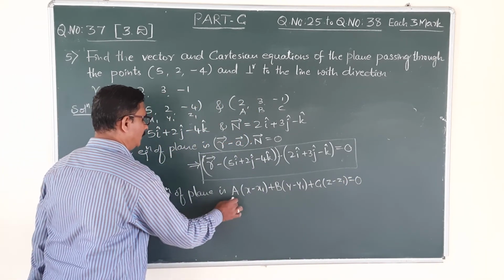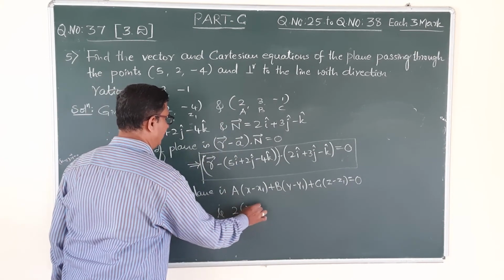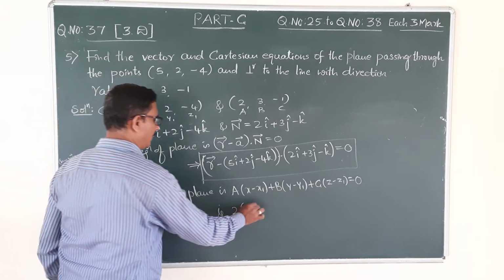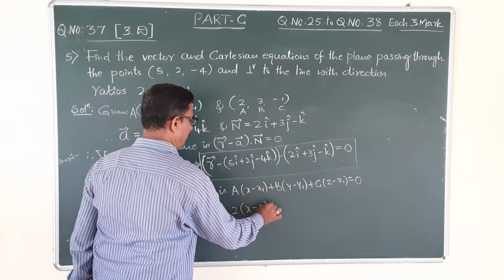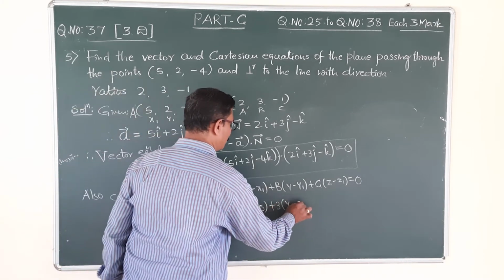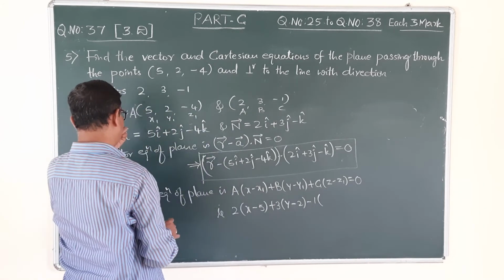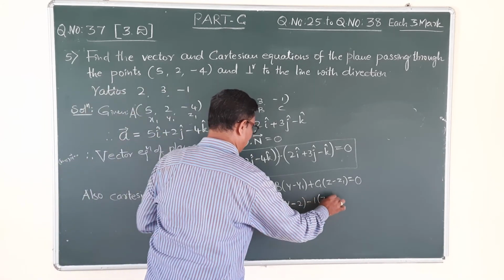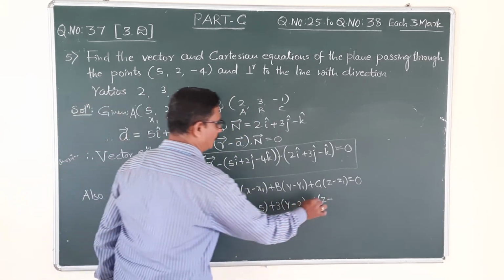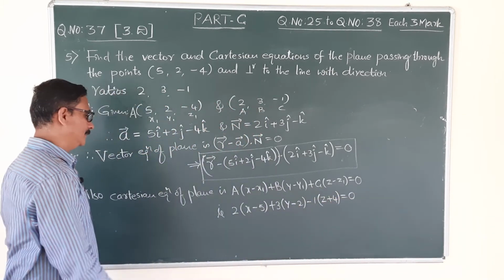Substituting the values: a is 2, so 2(x − 5), b is 3, so 3(y − 2), plus c is −1, so −1(z − z1) where z1 is −4, so minus into minus, plus 4, equal to 0.